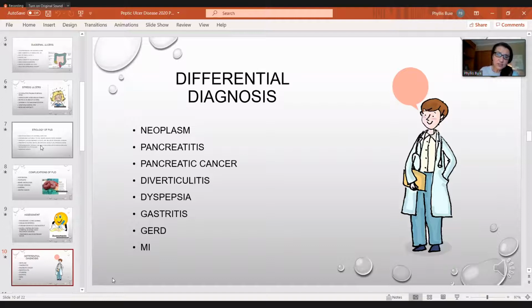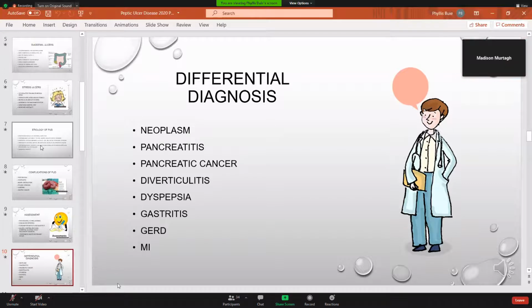We want to rule out any type of pancreatic cancer because it's going to make a difference in the way the patient is treated. They may have diverticulitis that is causing pain in that area. What might potentially happen as a result of diverticulitis? Do you remember what diverticulitis is? Their intestine can perforate.